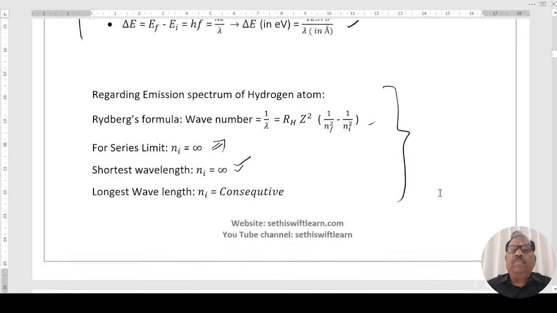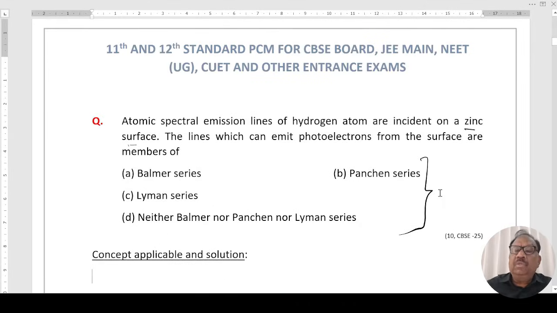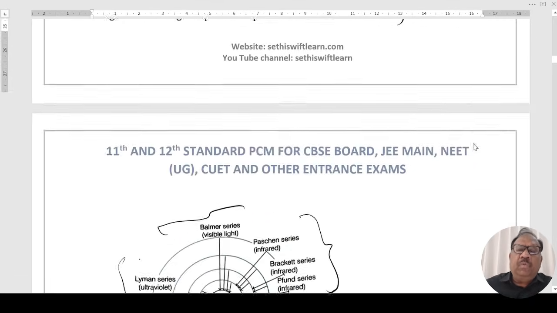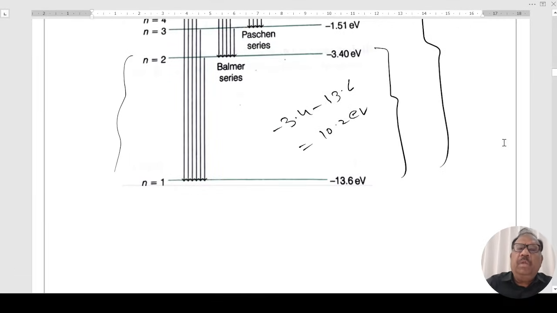Now in the question, it is given that the work function of zinc is approximately 4.3 eV. For 4.3 eV, only n equal to 2 to 1 has energy of 10.2 eV, which is greater than 4.3 eV.